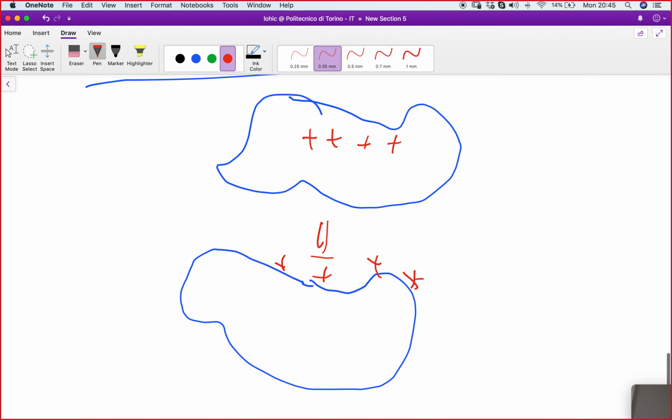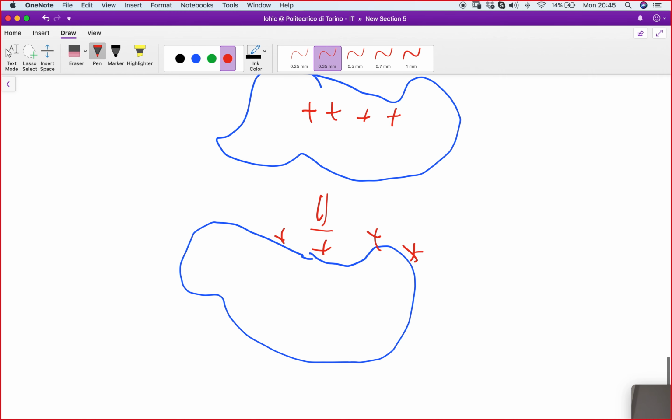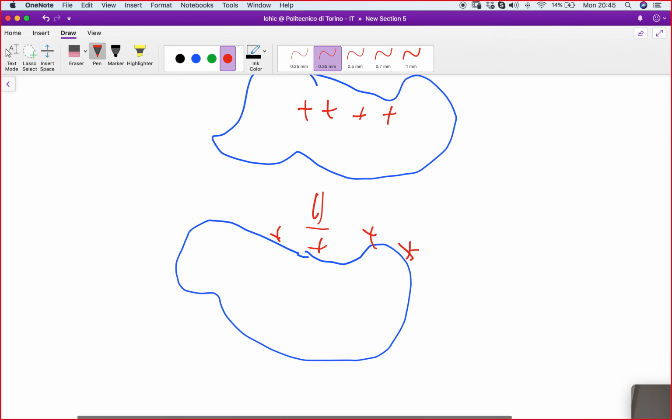So if you put some excess charge on a conductor, in order to reach the equilibrium, the conductor will distribute this charge on its surface. Why? Because I told you that if this charge remains inside, the internal field will not be equal to 0.